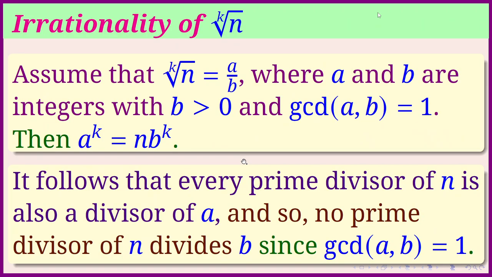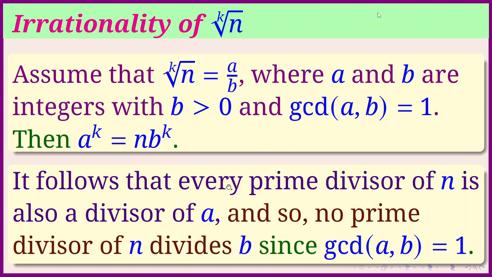Okay. So, a to the power k is equal to n times b to the power k. So, every prime divisor of n is also a prime divisor of a, and so it is not a divisor of b. So, therefore, as far as exponent of prime divisors of n are concerned, b to the power k will not have any contribution.